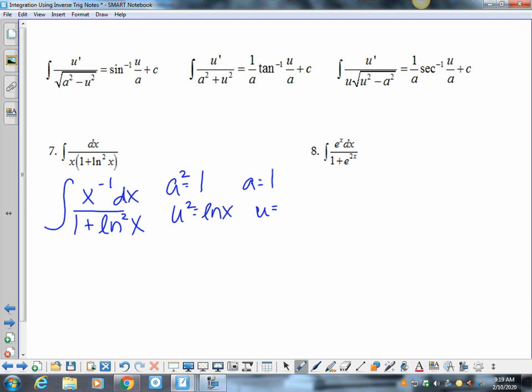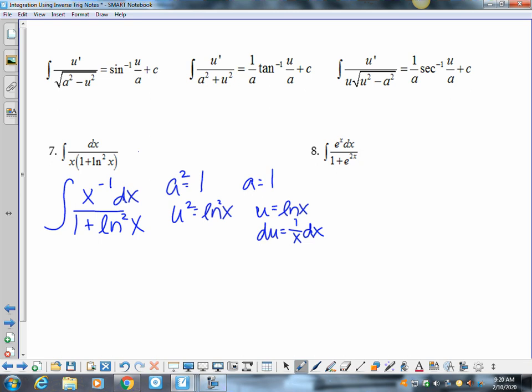It would have to be ln of x squared because there's a square. Yes. And then u would be ln x. What is the derivative of ln of x? 1 over x, which is him.